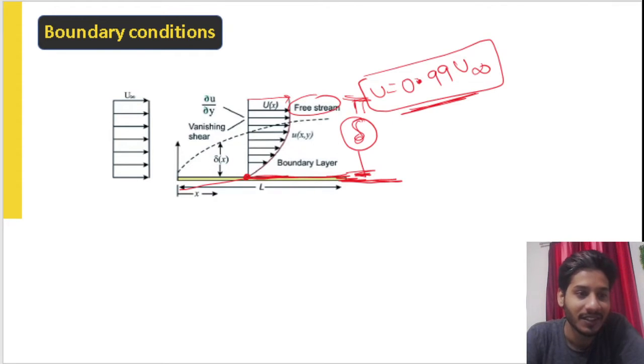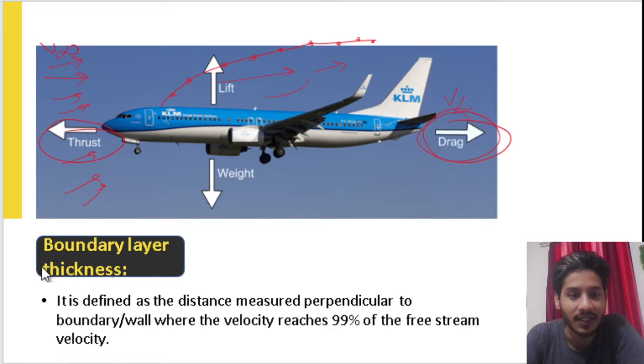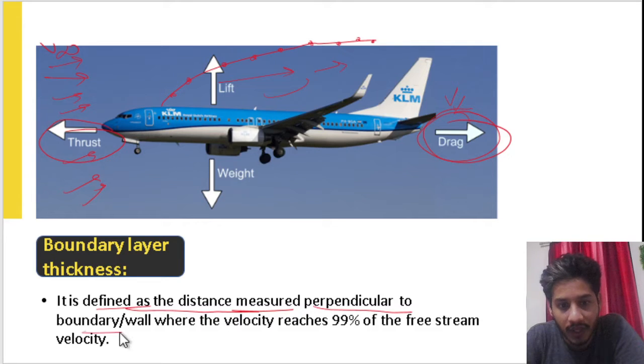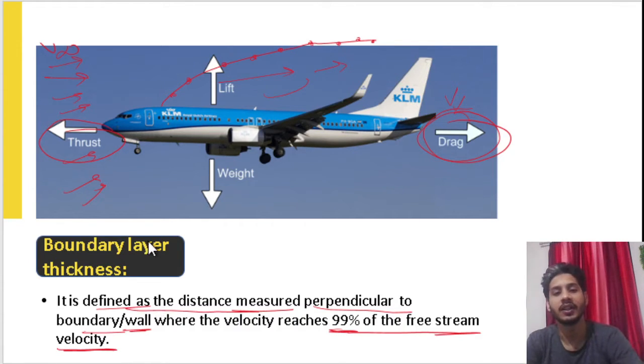All right, so you can see, boundary layer thickness is defined as the distance measured perpendicular to the boundary or wall where the velocity reaches 99% of the free stream velocity. I think this boundary layer concept is clear.